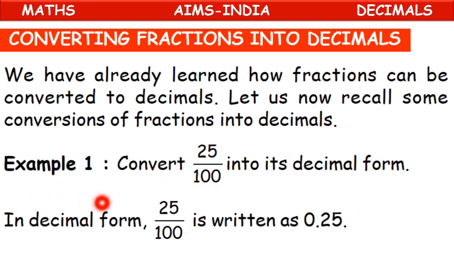In decimal form, 25 by 100 is written as 0.25. See, what are they saying? If we have any fraction, say 25 divided by 100, it can be converted into a decimal number as 0.25. Now, how is this possible?